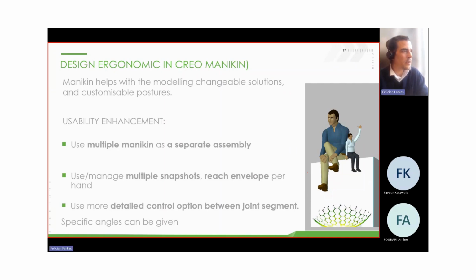So Manikin tools improve in Creo 10 definitely, with more detailed control options, using multiple Manikins in a separate assembly. Previously that was not an option. Using and managing multiple snapshots and reach envelope per hand is also a great function.